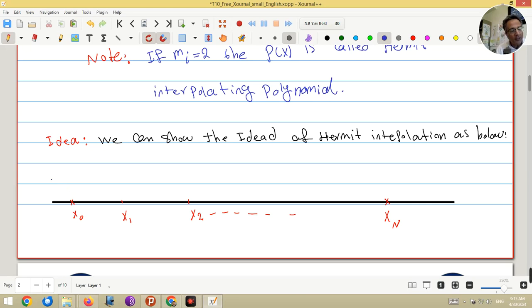In fact, I know f0 and f prime 0 and the kth derivative of f at 0. In fact, f0 is f of x0, f prime 0 is f prime of x0, and fk0 is fk at x0.